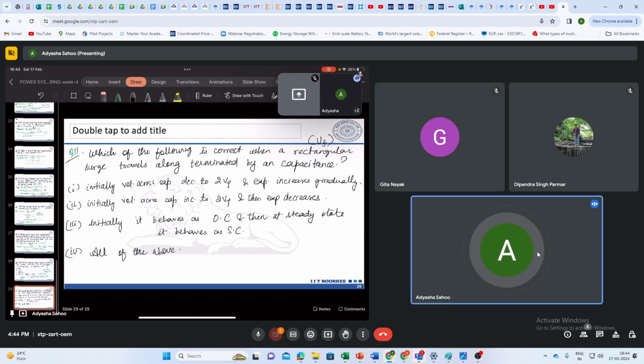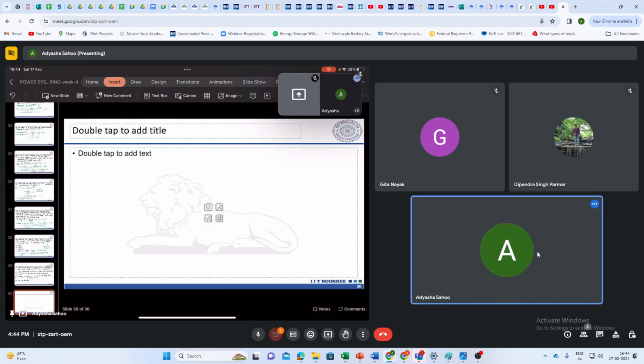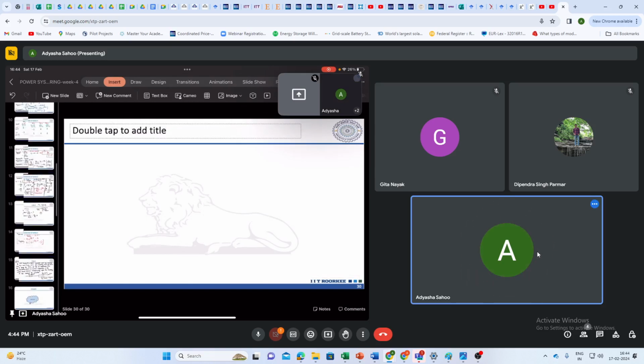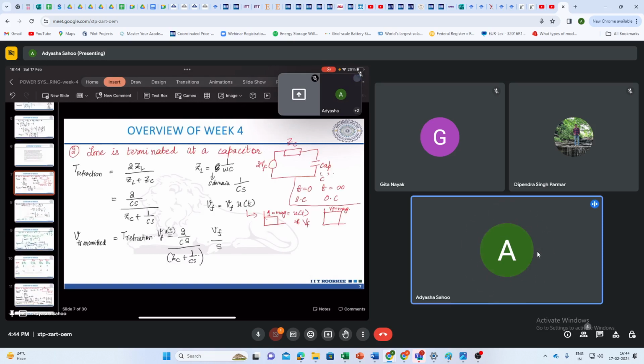So this is again for a line that is terminated with a capacitor, right? So we had seen the voltage expression for this case by capacitor.